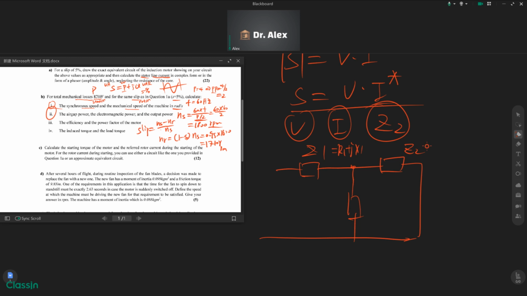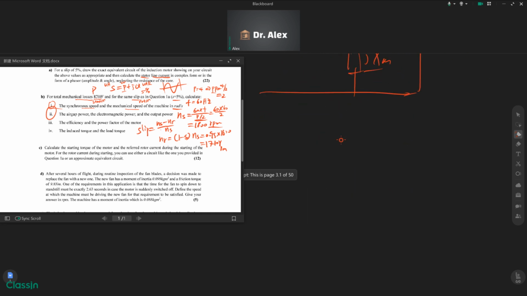This is Z2 equals R2 plus jX2, and this is jXM, right? Recall the previous question. If you don't know it, look at my previous video. All right, so let's solve for these three parameters.